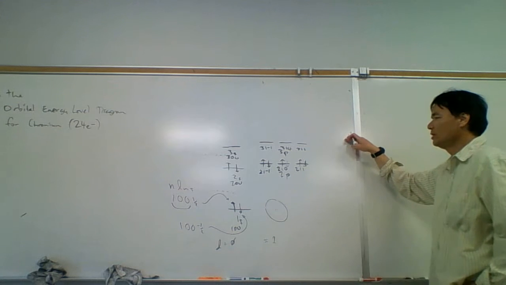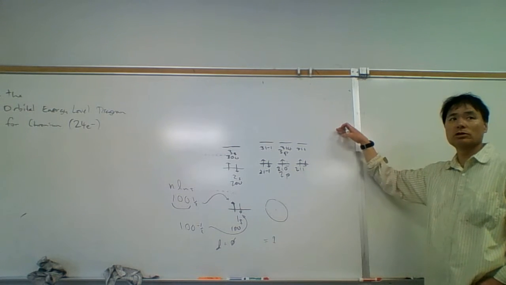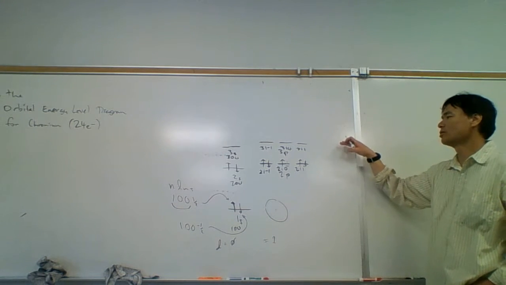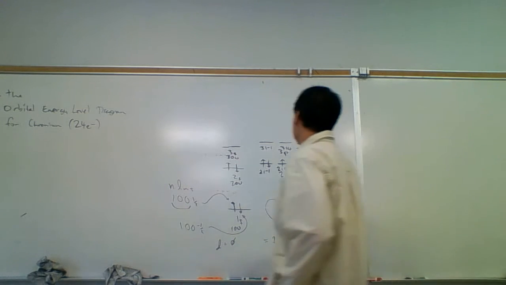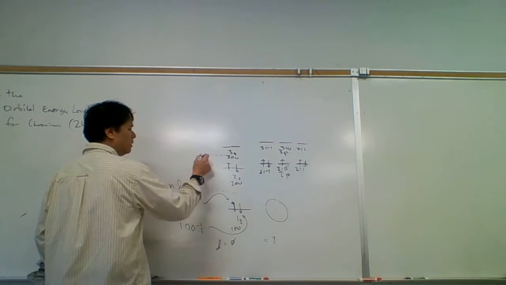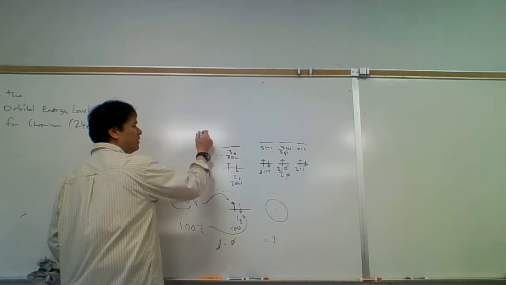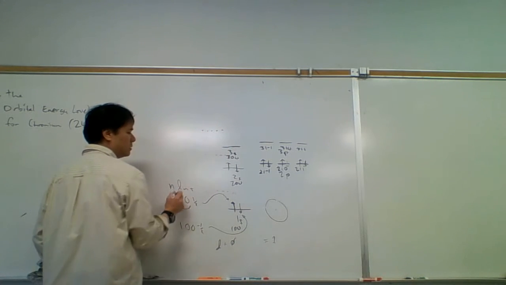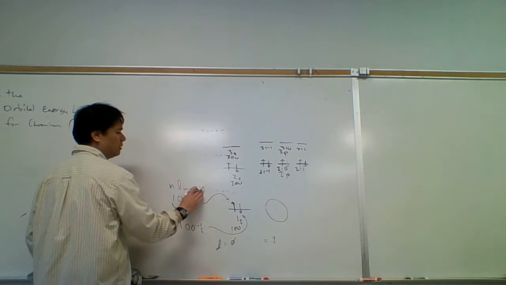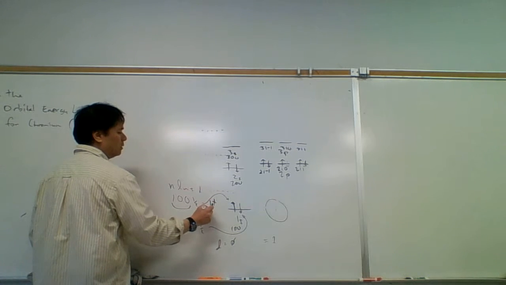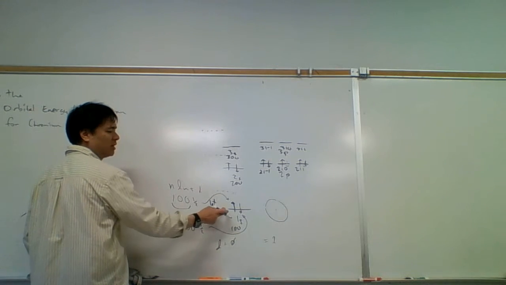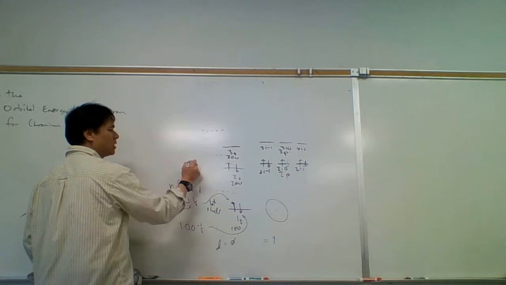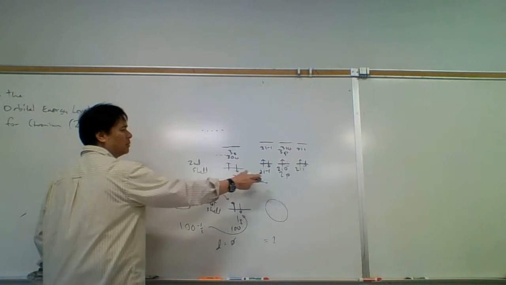The 3d, do they go in the third shell or do they go in the fourth shell? They go in the fourth shell, so the 3d I'm not going to write here because the 3d get popped up into the next shell. And so let's fill up the third shell here. This is the first shell. First shell only has one subshell. The second shell has two subshells, the S and the P subshell.